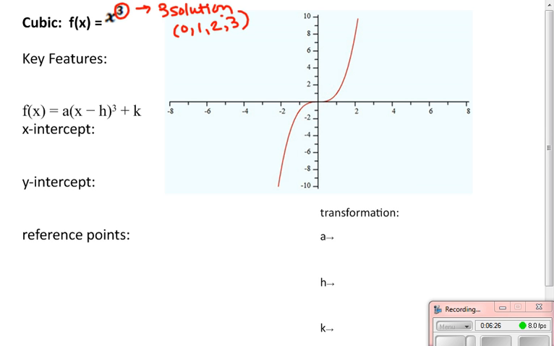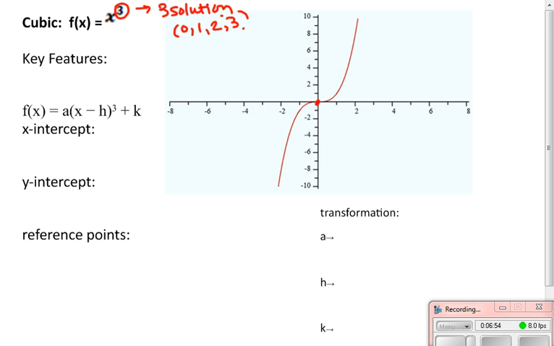Sometimes the cubic graph gets a bigger bend in it, and you start to see things like that where you would have 1, 2, 3 solutions. Sometimes that little bend takes place above or below, and then we just get 1. So some different sorts of shapes can start happening with the cubic, but for us, this is the parent.